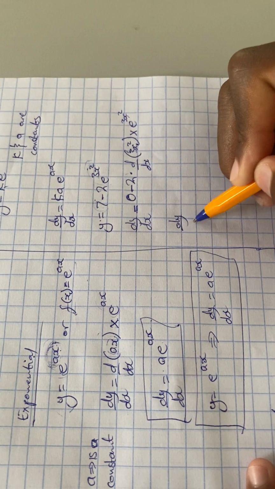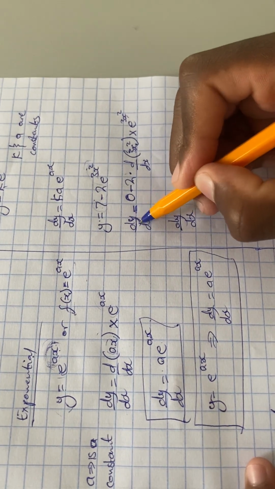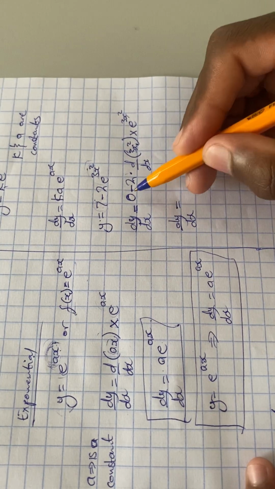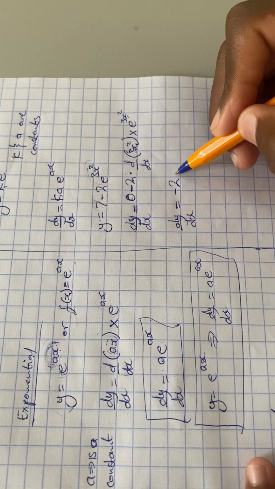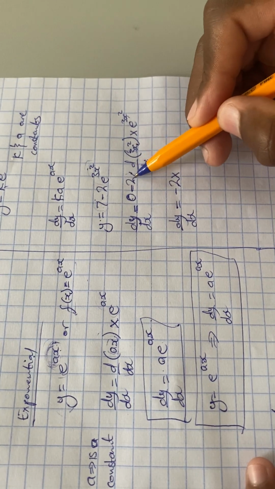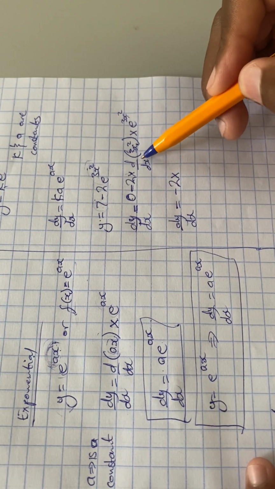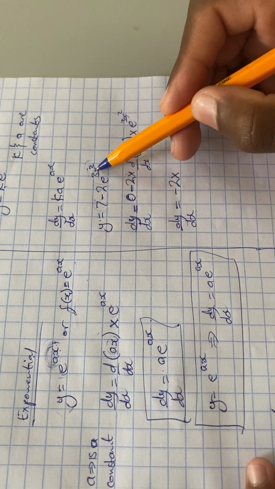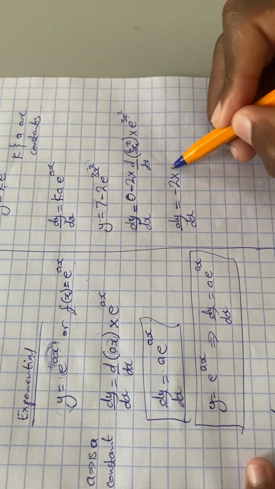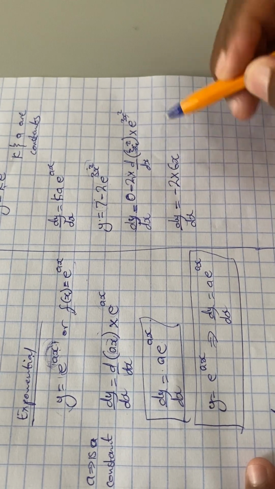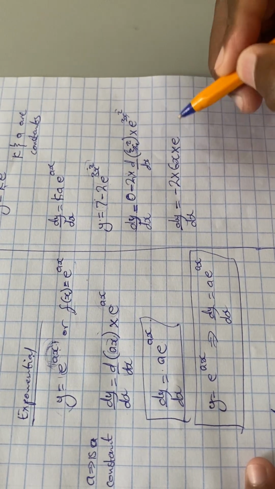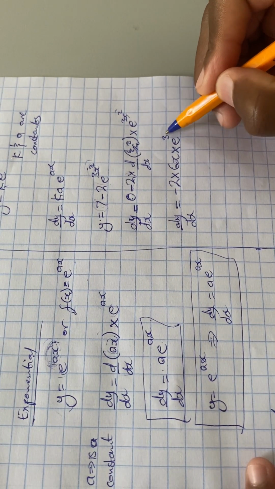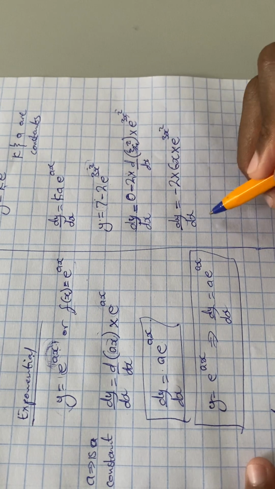So now dy/dx is going to be equal to 0 minus 2, which is just minus 2, times the derivative of the power 3x squared, which is 6x, multiplied by the function itself, e to the power 3x squared.